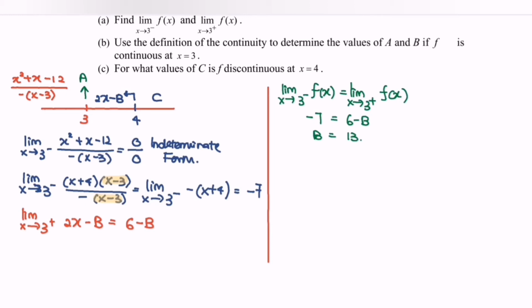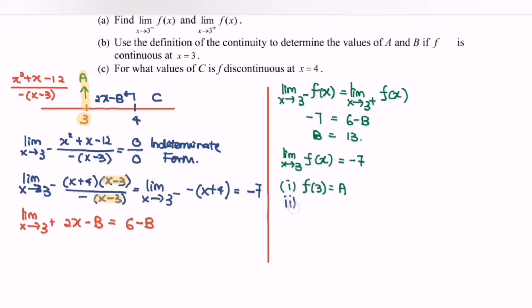Now we are going to find the value of a. As we know, the limit when x approaches 3 of f(x) is negative 7. Based on the definition, condition number 1, f(3) is equal to a.